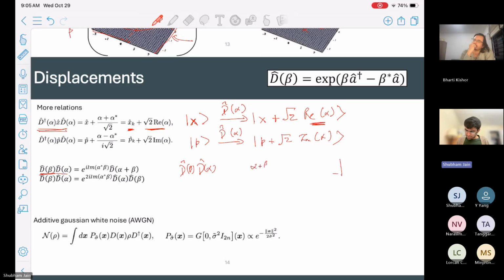Starting out with some state labeled by some gamma, so situated at gamma, applying D(alpha) brings you to alpha plus gamma, and then applying D(beta) brings you to alpha plus gamma plus beta. And this is true, except that you also get a phase on the resultant state.